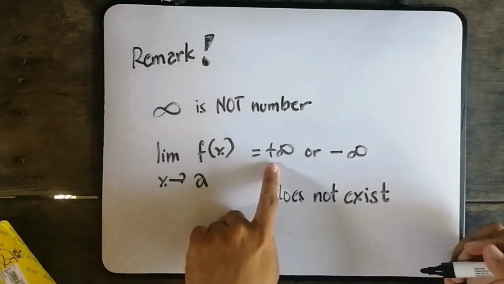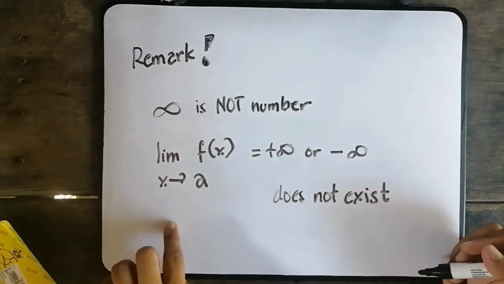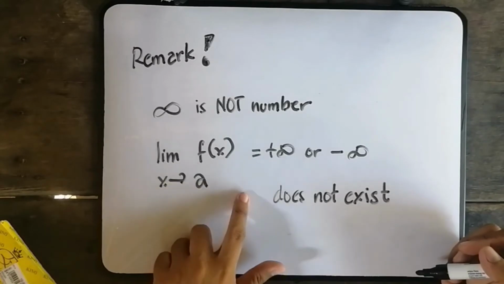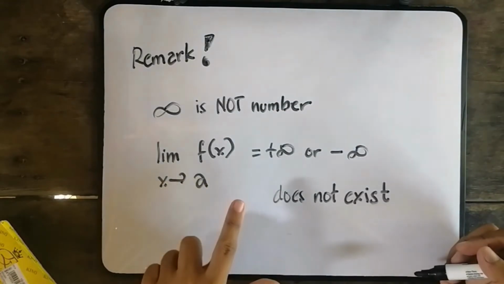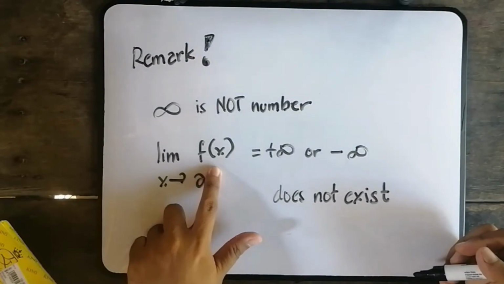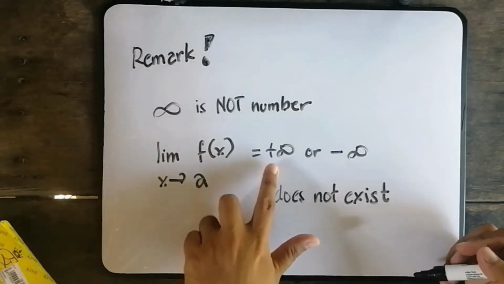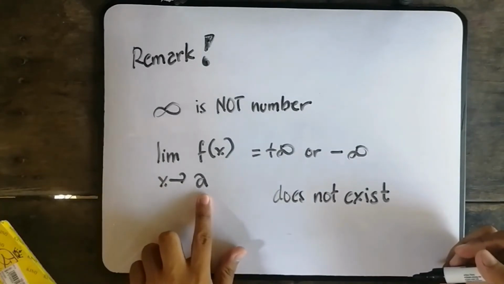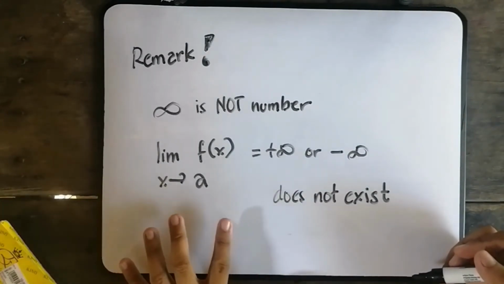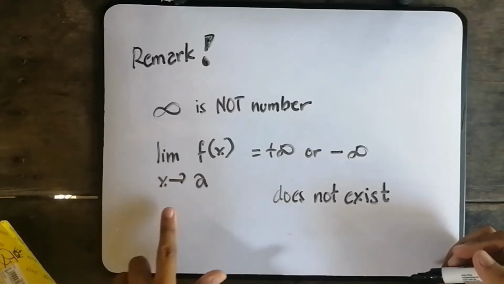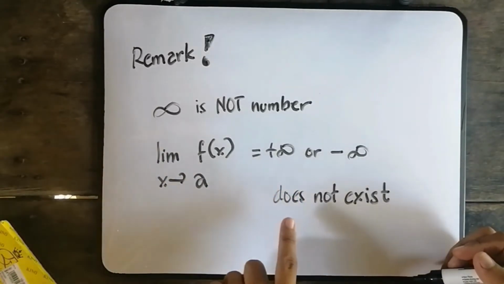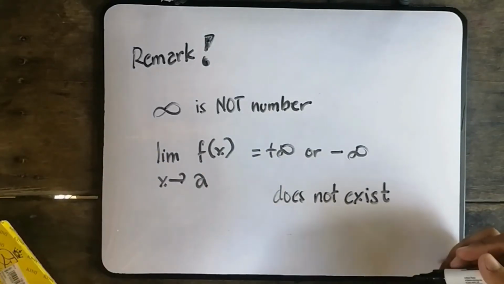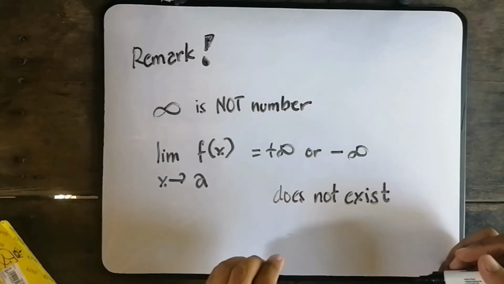Yung limit na positive infinity at negative infinity actually means that the limit does not exist. However, the symbol is very important kasi sinasabi niya na yung function natin papunta siya sa positive infinity or negative infinity as x approaches a. So pinapakita lang niya na, okay, itong function pala na ito, pa-infinity pala to. Pero, the limit does not exist. Kasi nga, wala naman siyang ina-approach na number.